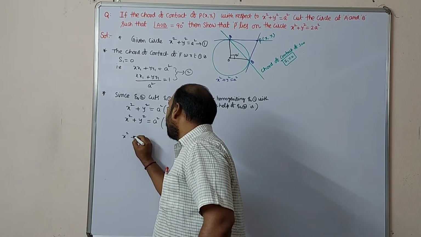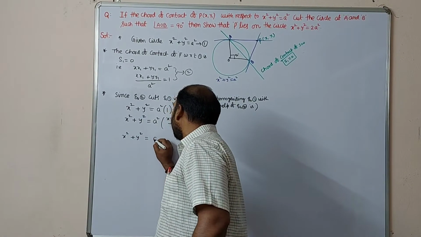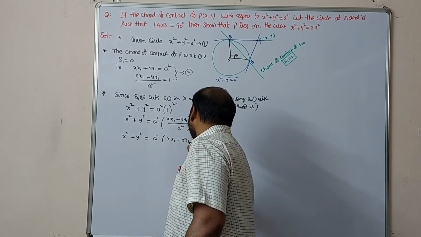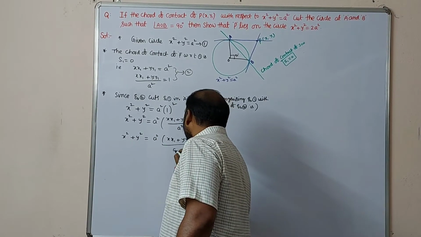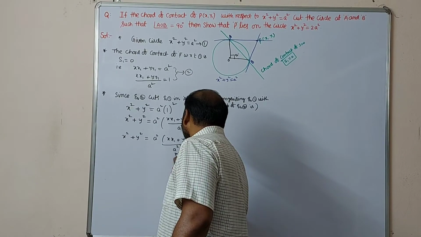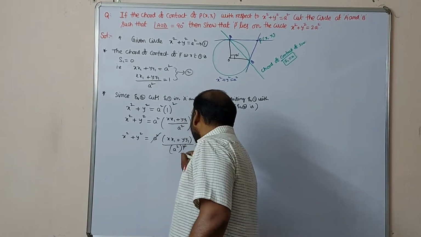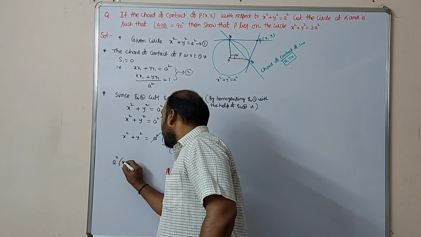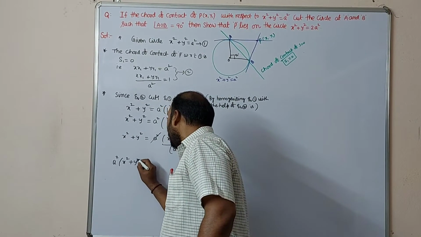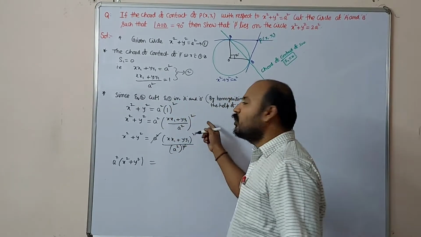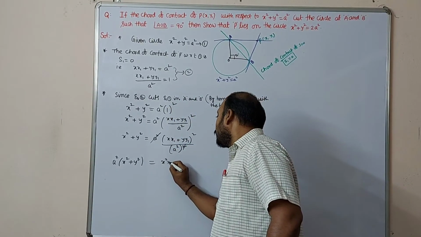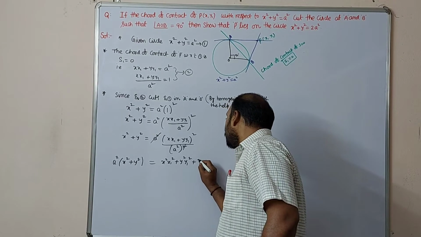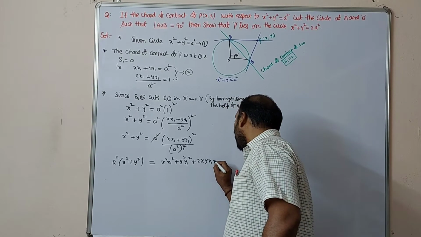So x square plus y square is equal to a square into xx1 plus yy1 whole square by a power 4. So a square whole square, one of the a square will be cancelled. A square into x square plus y square is equal to a plus b whole square expansion: x square x1 square plus y square y1 square plus 2xy into x1 y1.